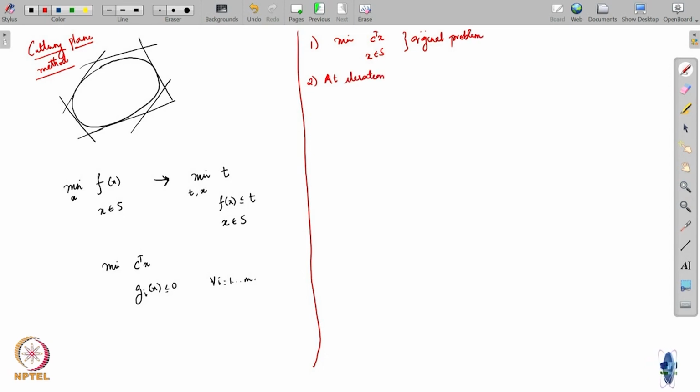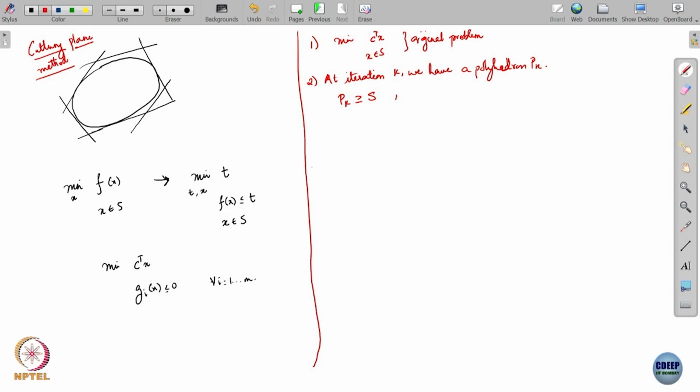At each iteration k, you have a polyhedron P_k that outer approximates S.